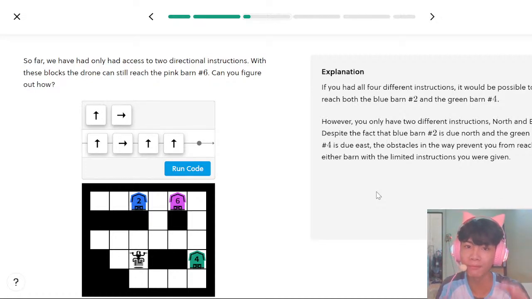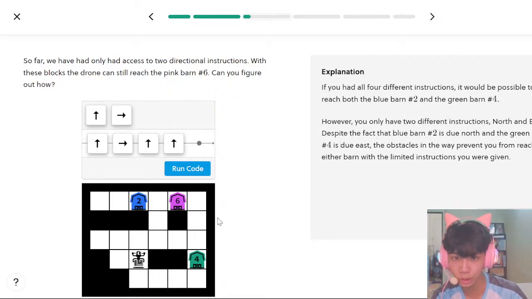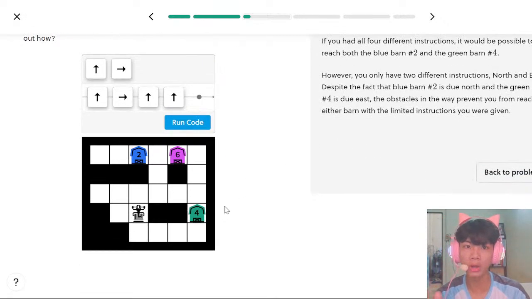Yeah, if we have four different instructions like go up, go to the right, go to the left, go down, we can reach every house here in the picture. However, you only have two different instructions, north and east, despite the fact that blue barn 2 is due north and the green barn 4 is due east.